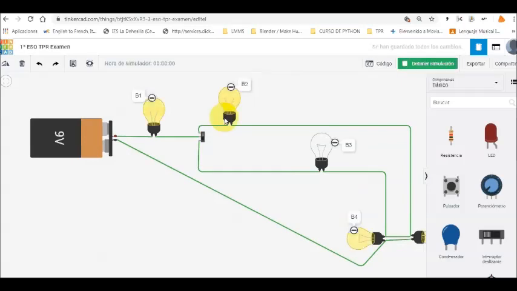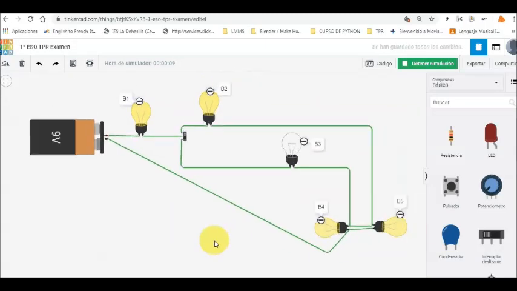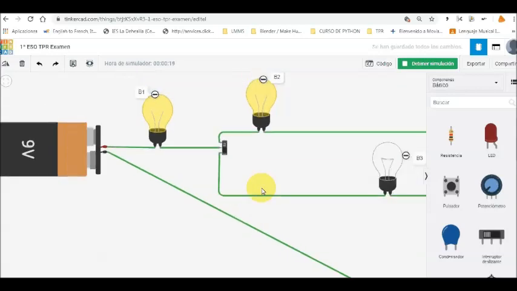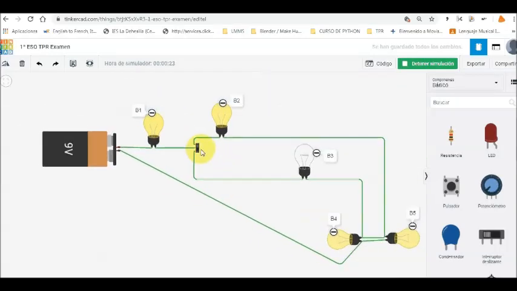Okay, so in this situation, you can see that lamps number 1, 2, 4, and 5, four of them, are lighting up, all except lamp number 3. And why is that? Because this switch is controlling the electricity so that it will only pass through this branch of the circuit, not through this branch.